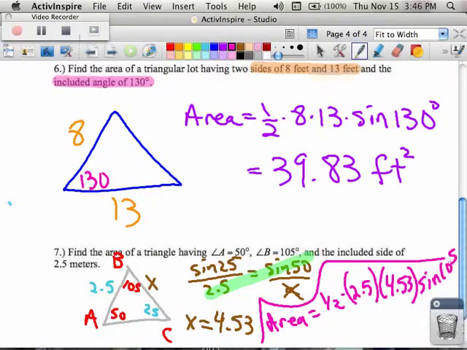When I multiply that all out, I find out that my area is going to be equal to 5.47 meters squared. So give that a shot on your calculator, try it out. It's always 1/2 times the two sides and then times the sine of the angle that's in between.